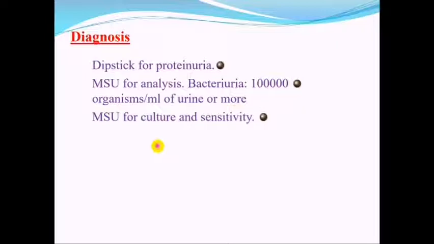Usually the diagnosis of urinary tract infection can be done by the use of a dipstick for presence or absence of albuminuria, and we have to have a midstream urine for analysis to detect the presence of bacteriuria, which means the presence of 100,000 organisms or more per 1 ml of urine.